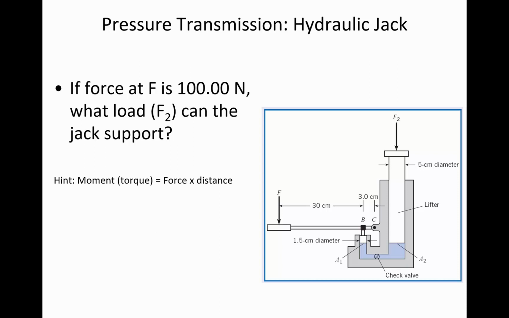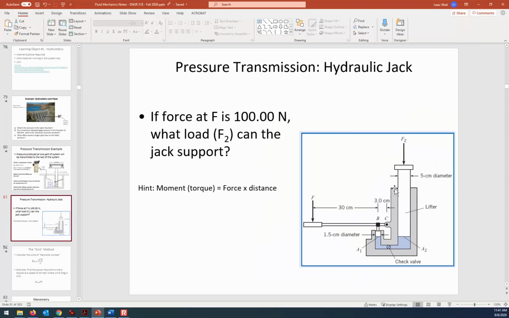I think I've mentioned it a couple times already, but I'll put it up there just so you've got it. So you'll know the pressure, and then find the pressure acting over this other area, how much force it can lift. All right, so begin your calculations while I type in the area formula for a given diameter.